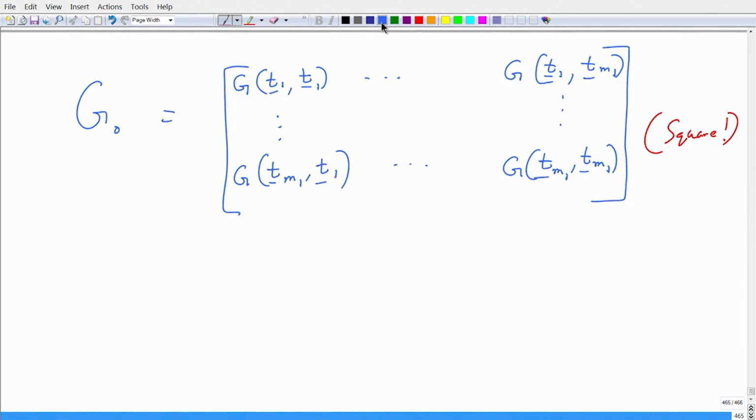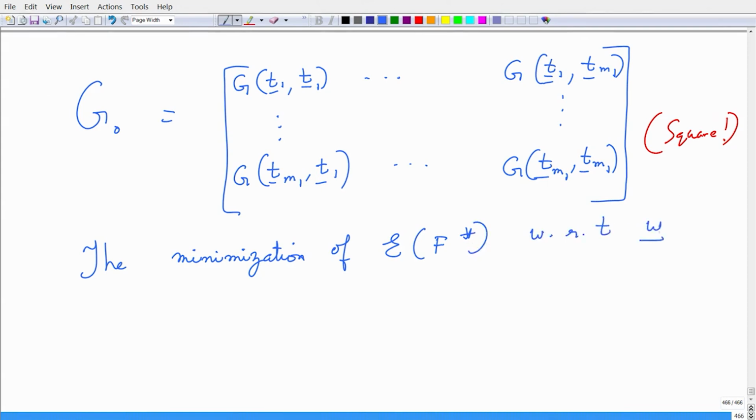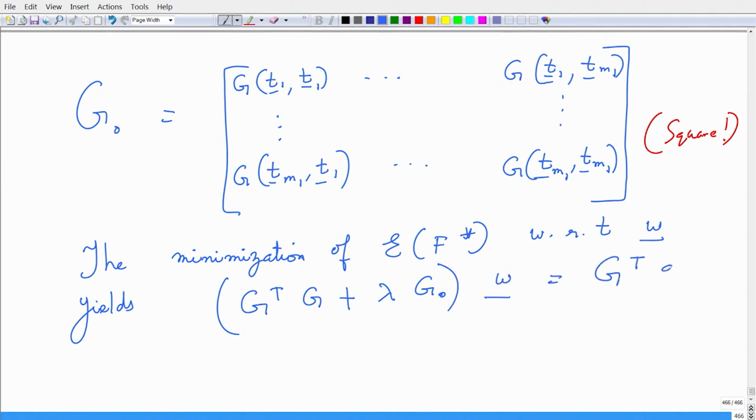So, I will leave this as an exercise. The minimization of this Tikhonov functional E of f star with respect to the weights w yields the solution: G transpose G plus lambda times G naught, times this weight vector w, is G transposed d.